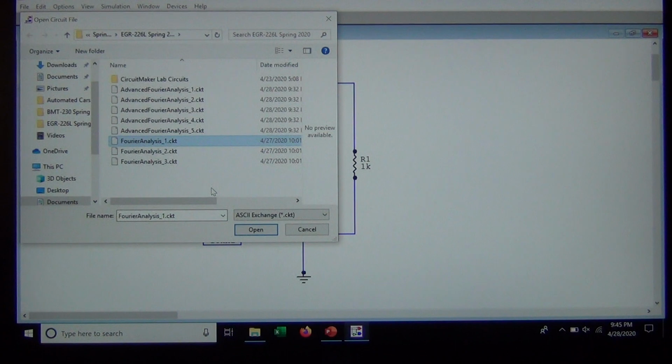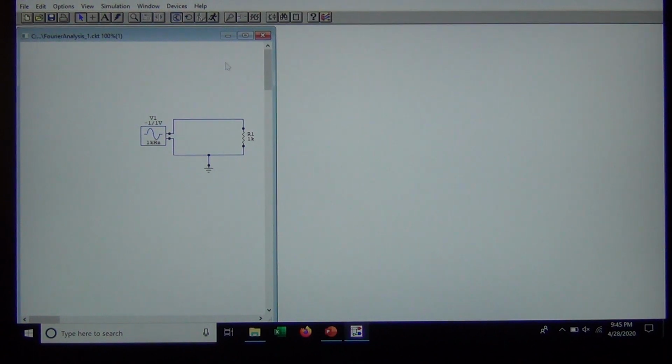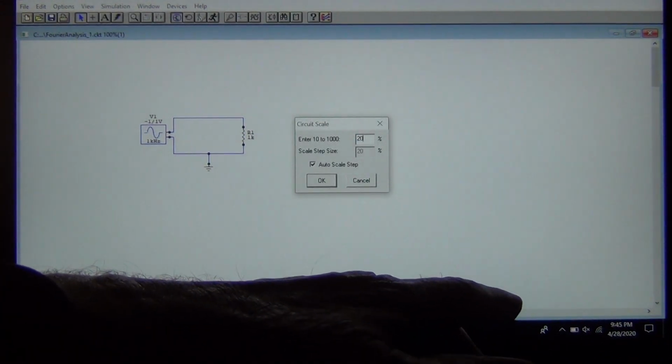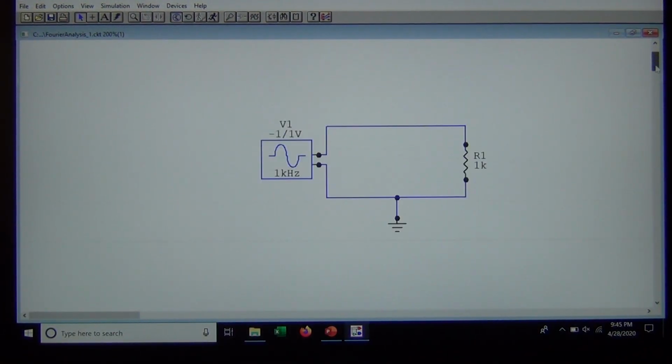Now what I'm going to do is change what this signal generator puts out. So I'm going to blow it up again, set the display scale to 200, and move it up in the screen.